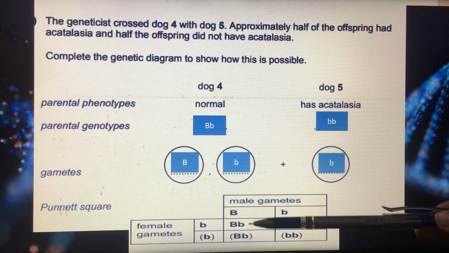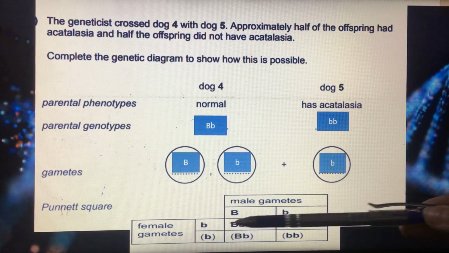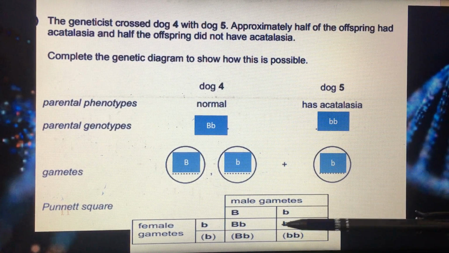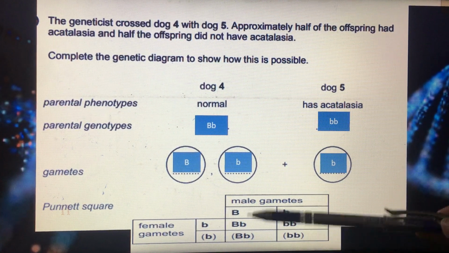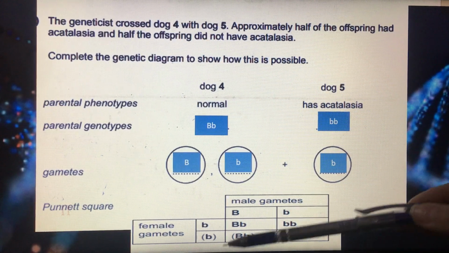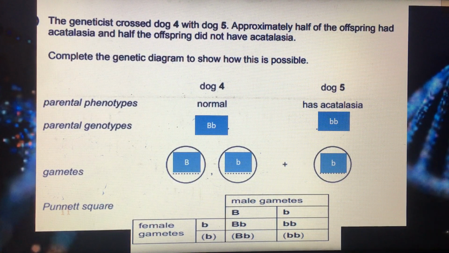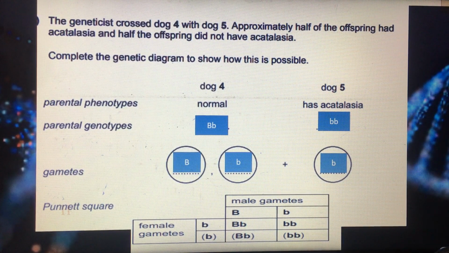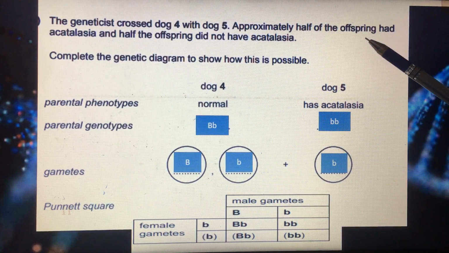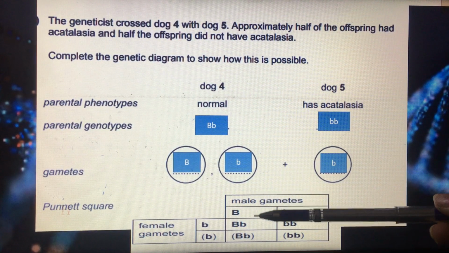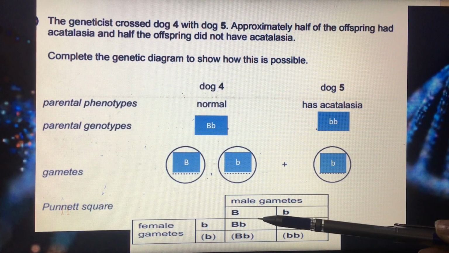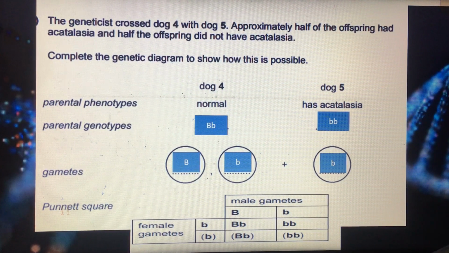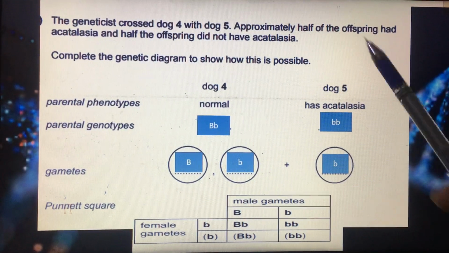So it's a heterozygous genotype. B small with B small, that will be homozygous recessive genotype. B capital, B small the same, B small, B small the same. So that will produce half of the offspring with acatalasia, those two had acatalasia, and half of the offspring did not have acatalasia.